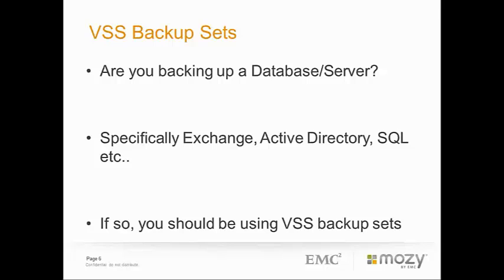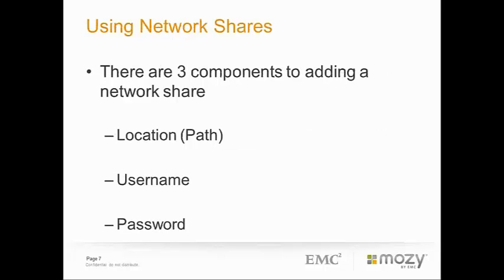So if you see these and you are backing up Exchange, or you are backing up Active Directory, then it's the VSS backup sets that you would be better off using to back up those services. Why do I say that? It's primarily because of the VSS backup sets specifically. For example, we'll take Exchange as our example.